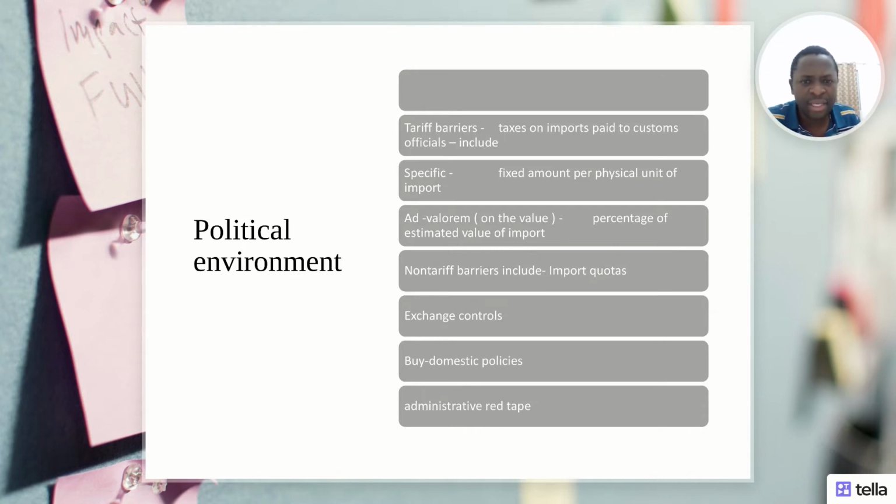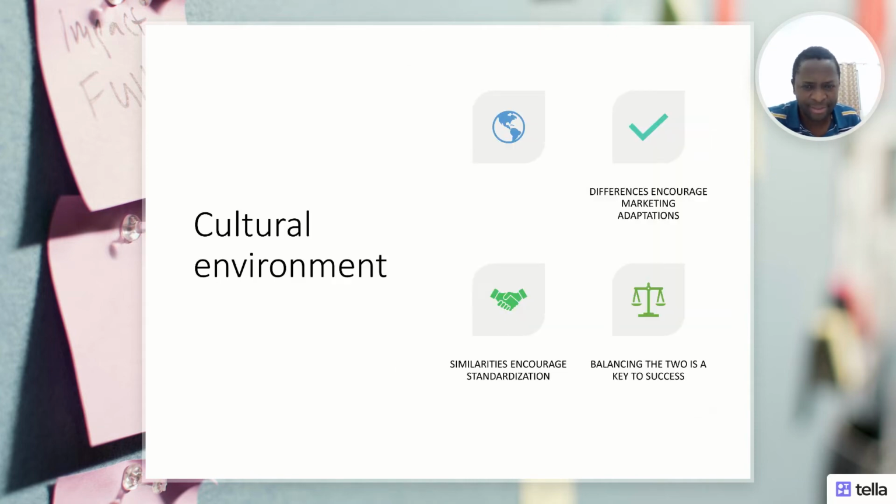Then tariffs, import and export barriers, and non-tariff barriers which can be put in place by political players, exchange controls, and domestic policies. In Oman, we have the Omanization aspect, and the Buy Zimbabwe aspect in Zimbabwe, and some bureaucratic aspects which may occur along the way as you try to explore your markets.